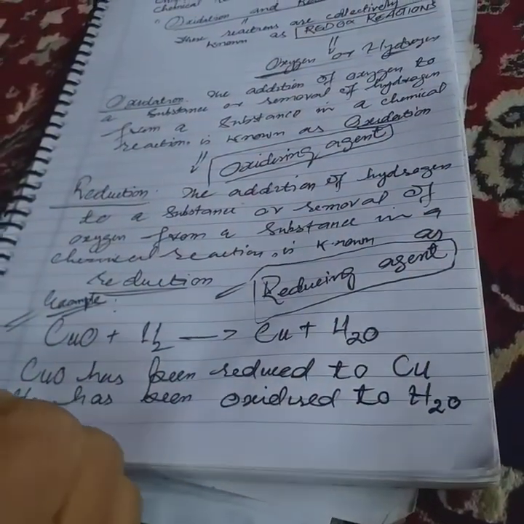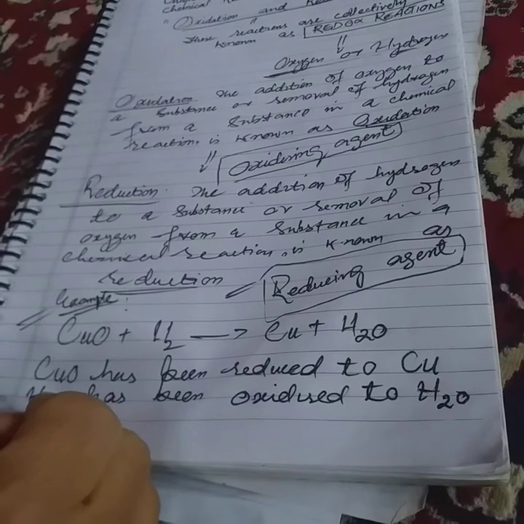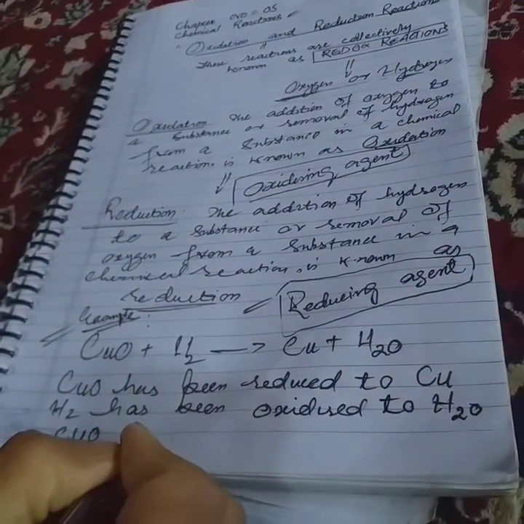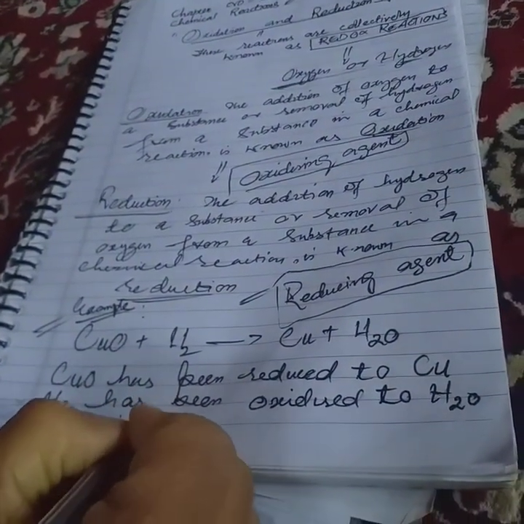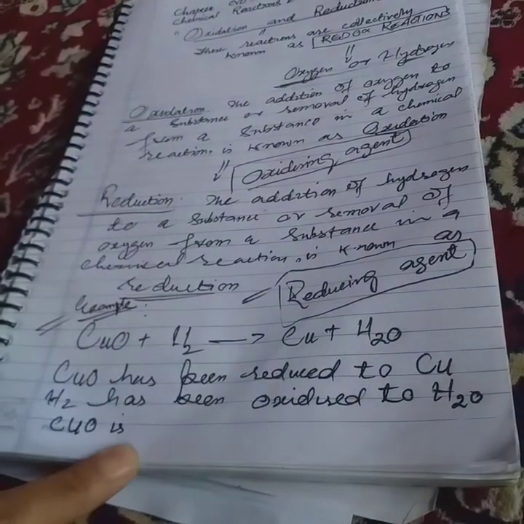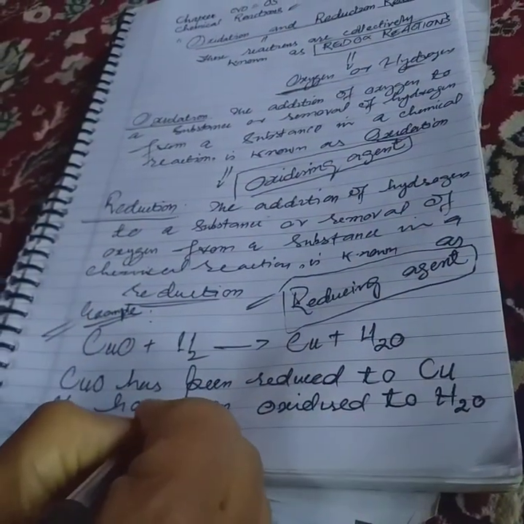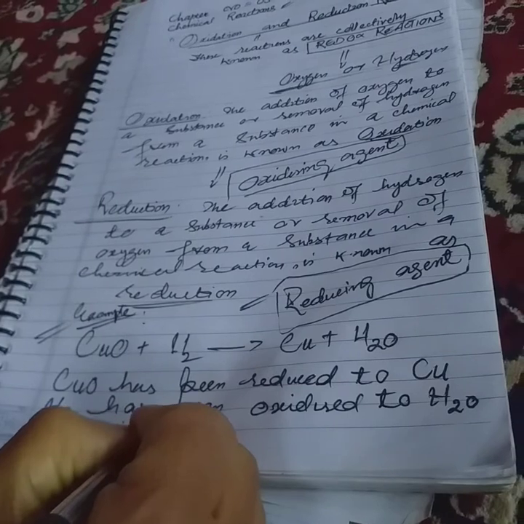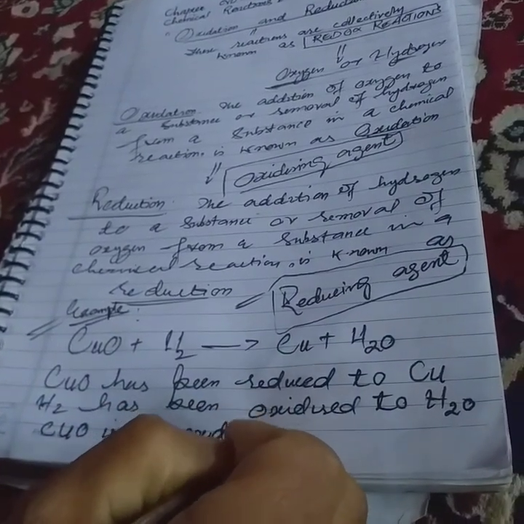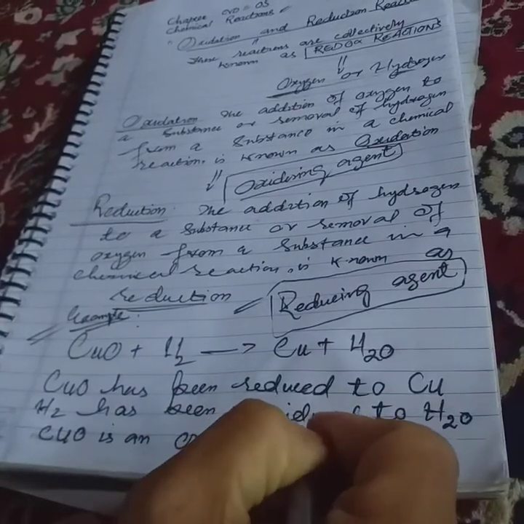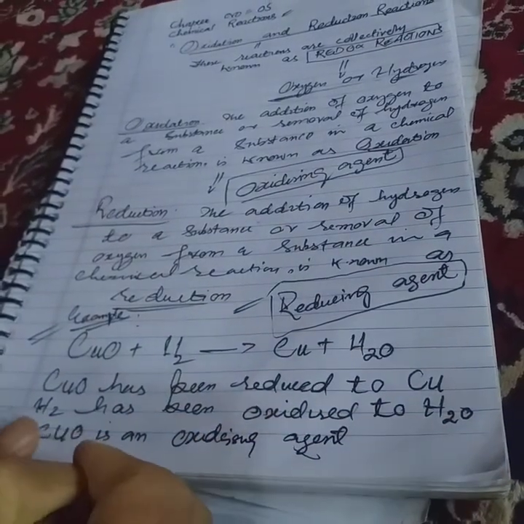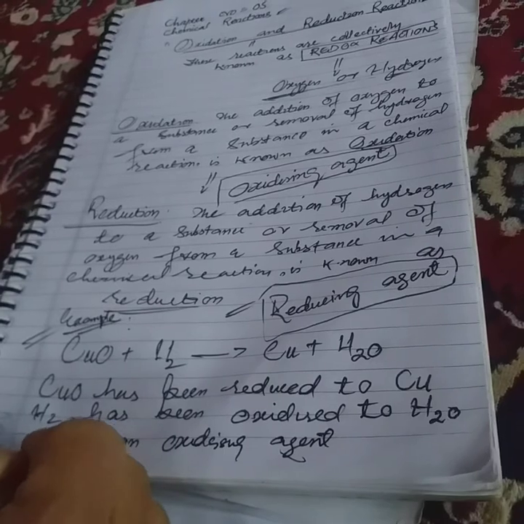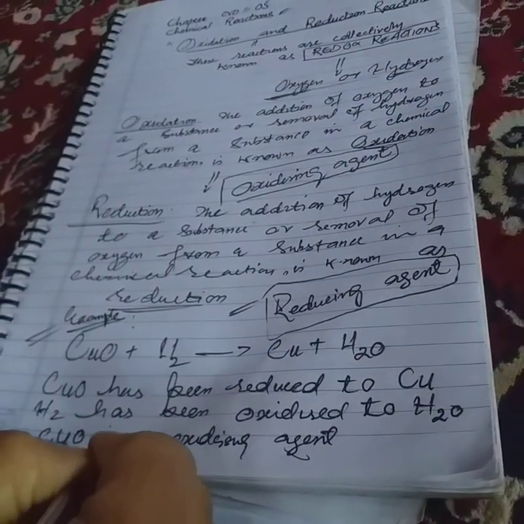In this reaction, copper oxide is an oxidizing agent, while H2 hydrogen is a reducing agent.